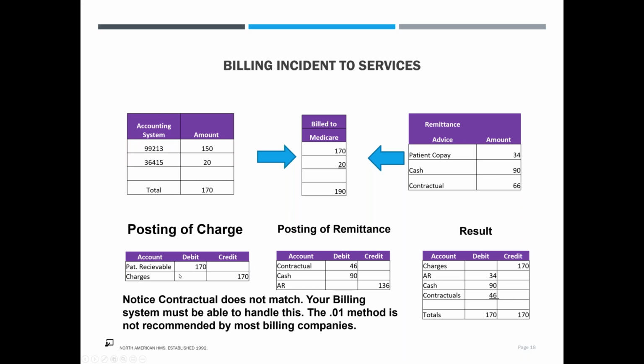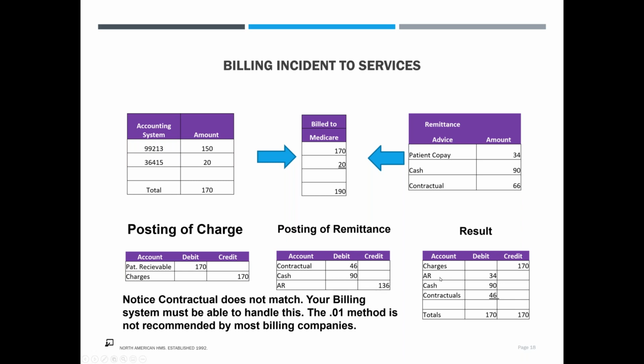So when you post your charges, your patient accounts receivable is going to have a debit of 170 and a charge of 170. Your contractual adjustment, whenever the remittance comes in, you're going to have a contractual adjustment of only $46, and your cash is going to increase by 90, and your accounts receivable is going to drop by $136.